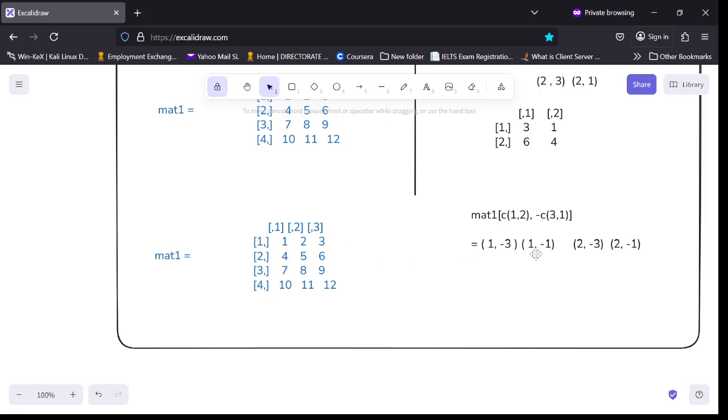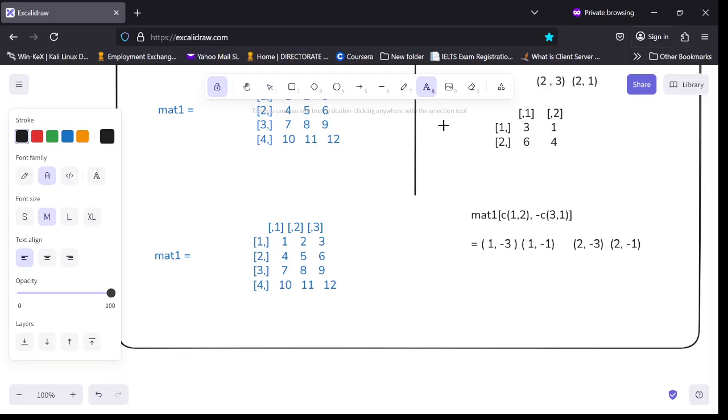Another way to explain this: we have 1 and 2, so that means select rows 1 and 2 and remove the third column and first column, whatever is there, so that will be a vector. That is the best explanation we can give.